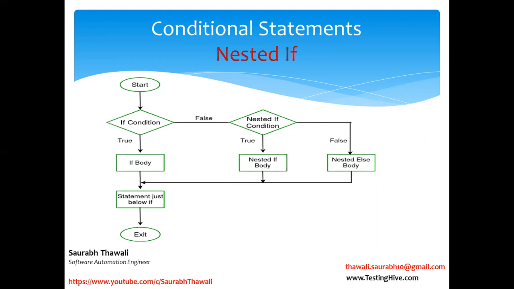If the condition is true, then it executes the if body. If the if condition is false, then it goes inside the nested if conditions if there is any, and so on. This is how the nested if works. We will actually write a program so that you will understand the actual implementation.